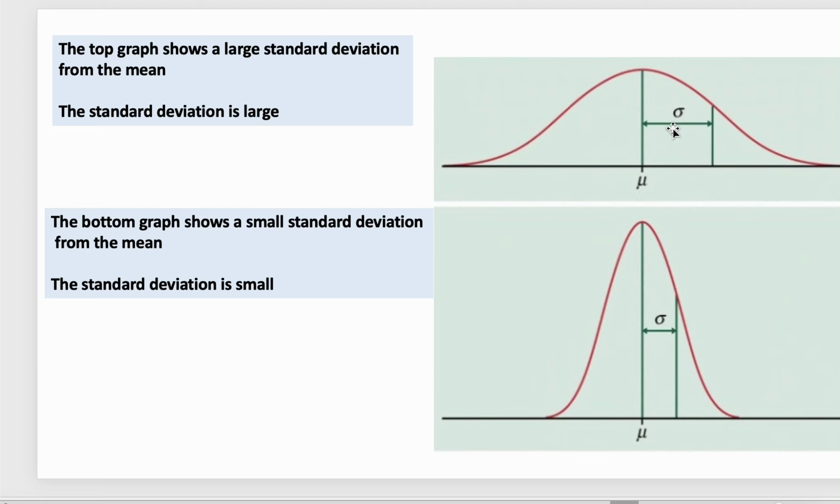So, if the standard deviation is large, that means the data is far away from the mean. Things are spread out. The graph is kind of flat, a lot of variability. If the standard deviation is small, things are tightly clustered. The data is much closer to the mean. The graph is less spread out.